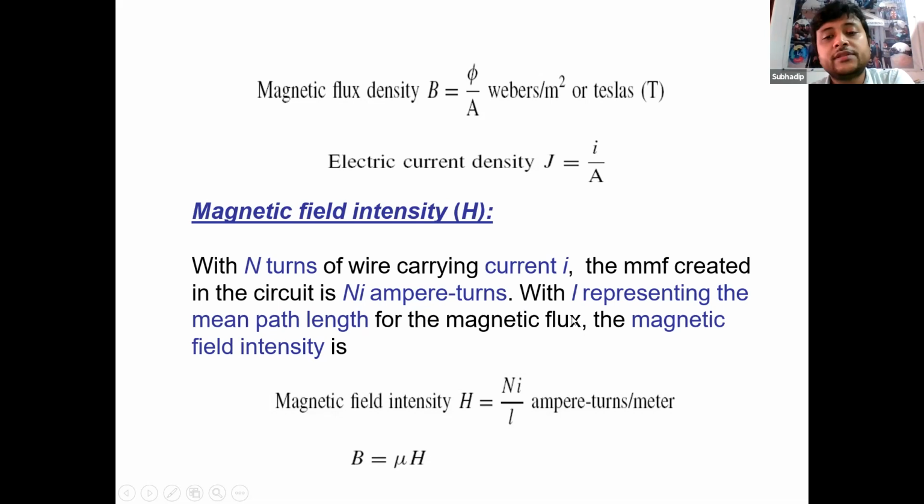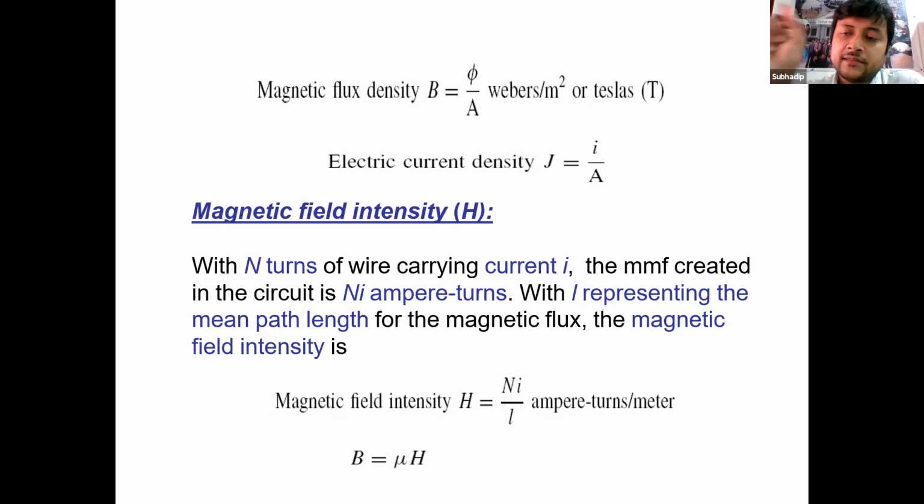With L representing the mean path length for magnetic flux, that means if I consider that the magnetic flux is distributed over a particular length, say L, then what is the field intensity at that particular point?